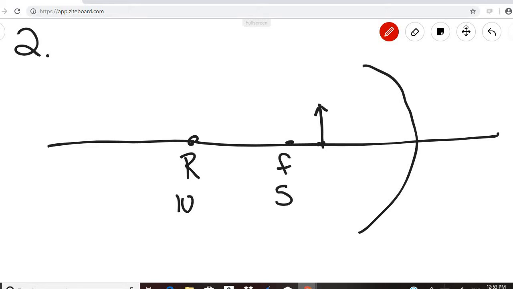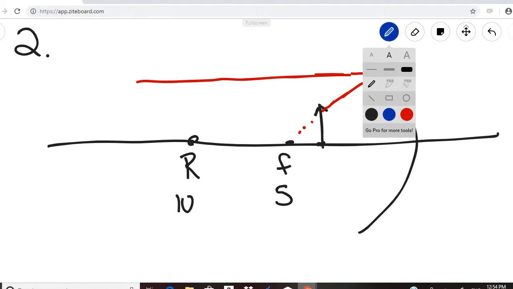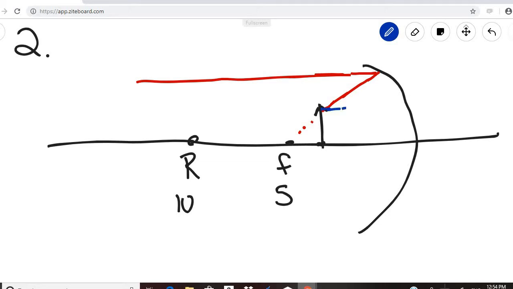So it would be this line here, and it's going to reflect out horizontally after it hits the mirror, and then the other one will go in horizontally. And when it goes in horizontally, then it will reflect through the focal point.